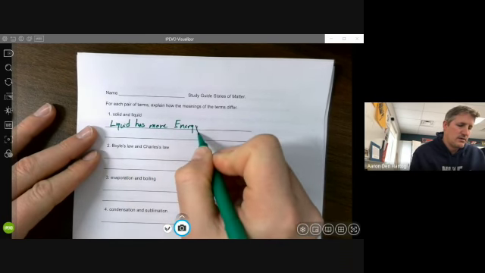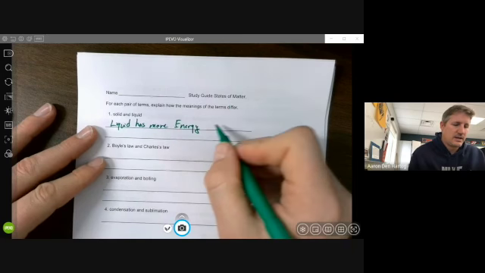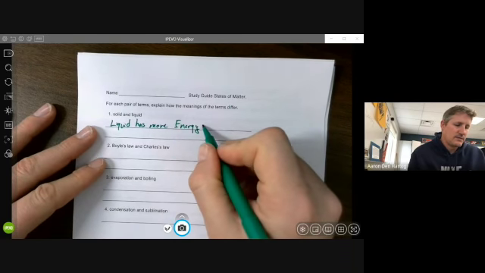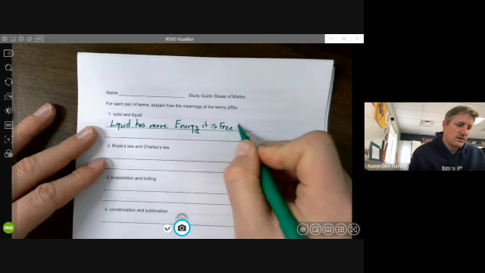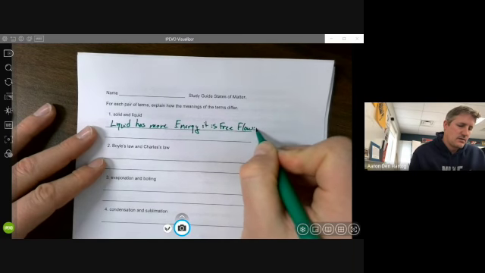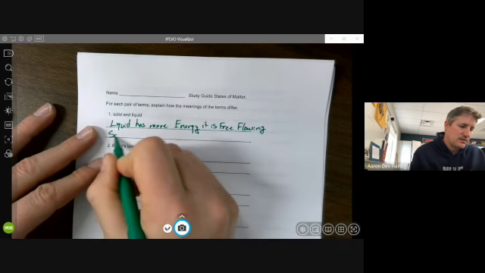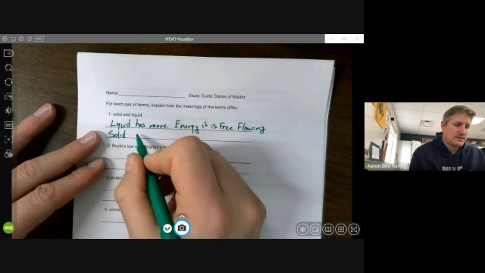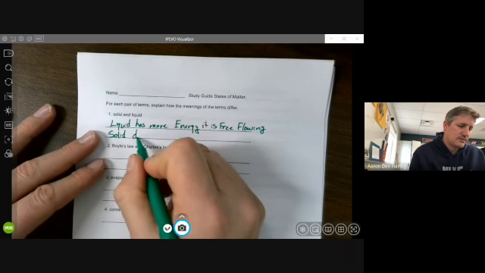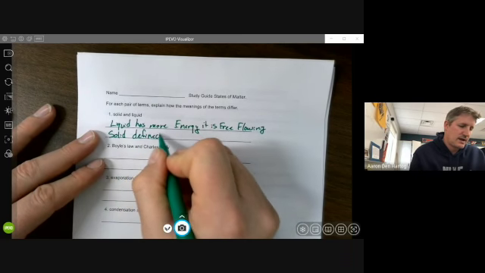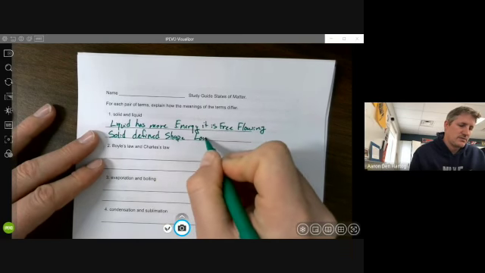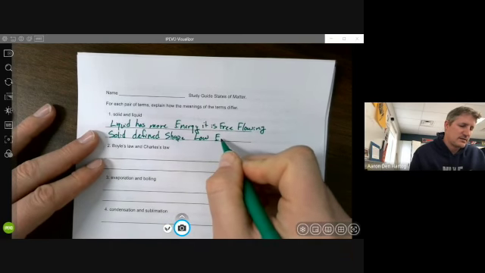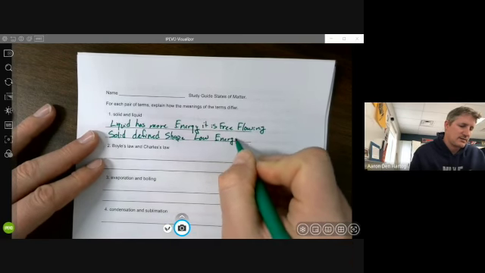We also know that it is free flowing. And then a solid has a defined shape, and it's low energy. We've talked about this a lot.